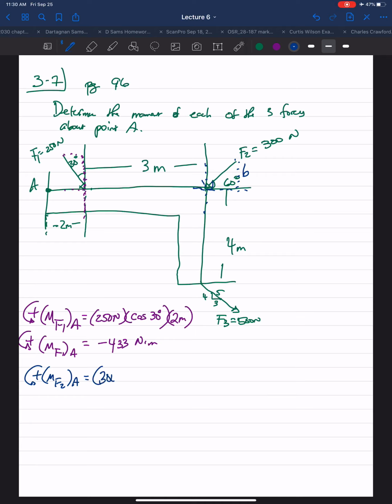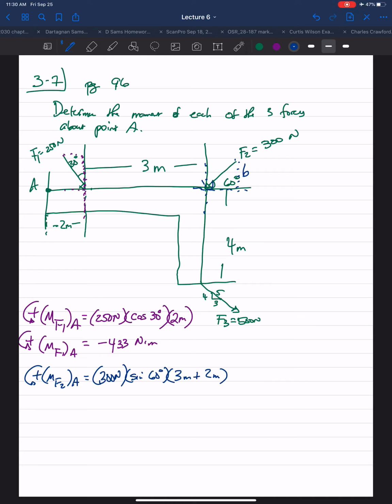So it'll be 300 newtons times sine of 60 degrees times the perpendicular distance, which is 3 meters plus 2 meters, which is 5 meters.